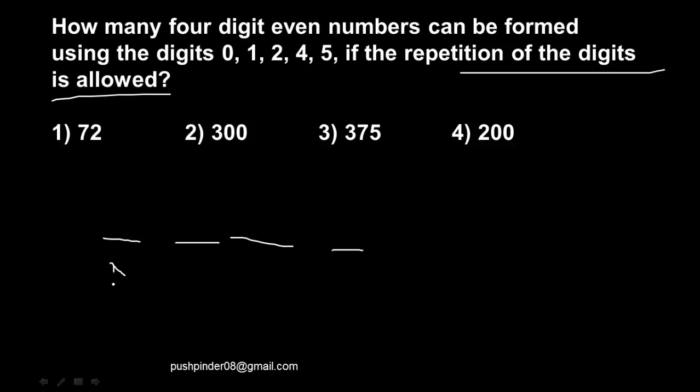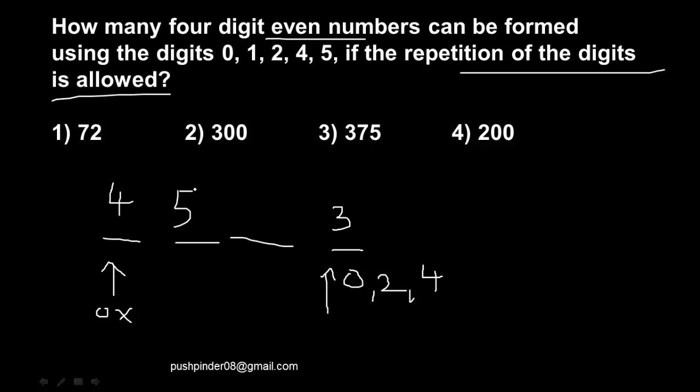Over here 0 can't come, but over here only 0, 2 and 4 can come. So over here you can fill only 3 numbers, since you're forming even numbers. Over here 0 can't come, so you can fill in any of the 4 numbers. Over here you can fill any of the 5 numbers, any of the 5 numbers, since repetition of digits is allowed. So your answer is nothing but 300.